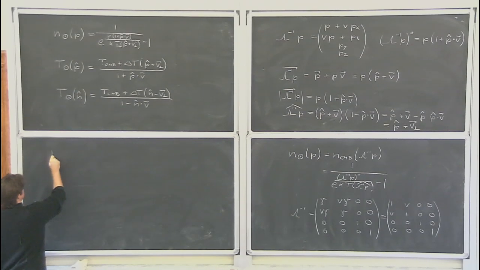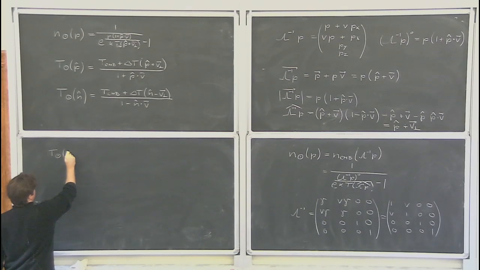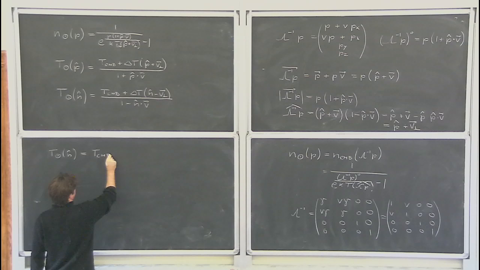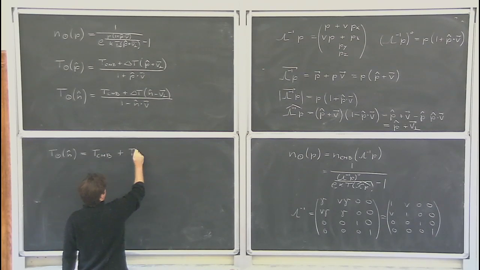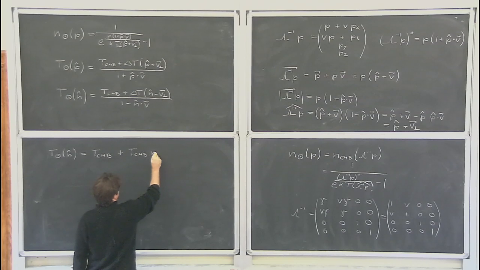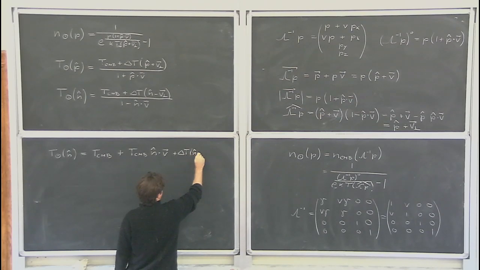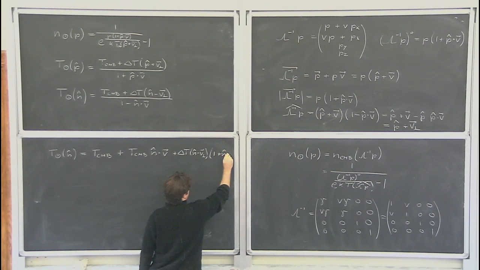So let's write it as T solar of n hat is equal to T CMB plus T CMB times n hat dot v, and then I have plus delta T of n hat minus v transverse times 1 plus n hat dot v.